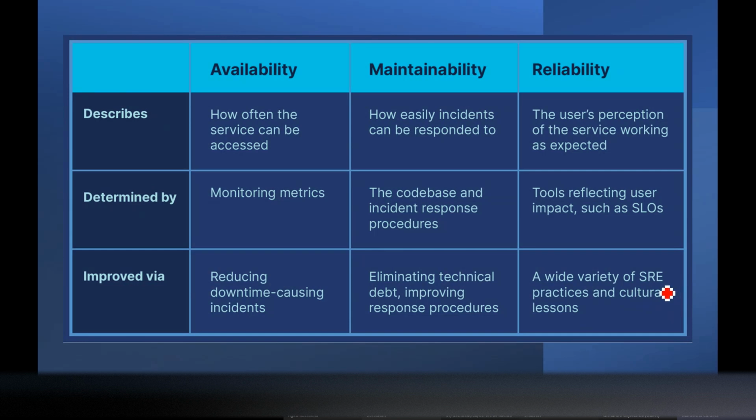You might see job roles being posted here and there in companies. There are site reliability engineering practices and cultural lessons. This is another art and science actually. This is not totally a science, it might be some sort of art also, site reliability engineering.